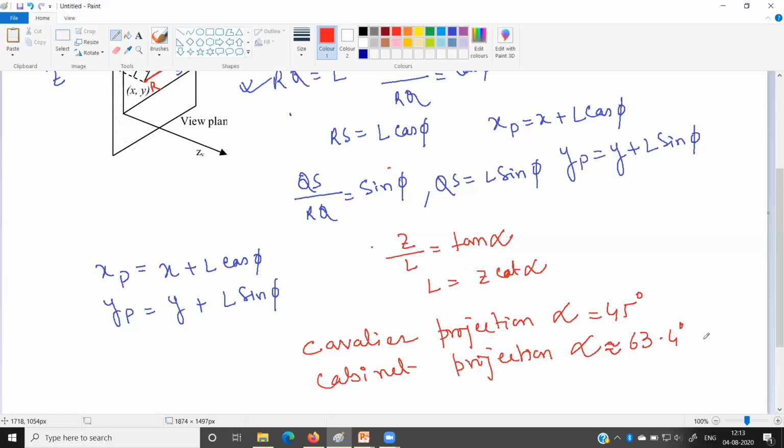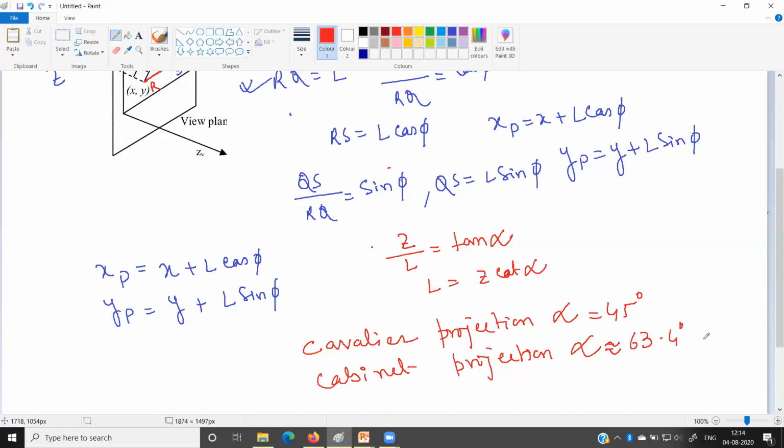So while we project the object using the cabinet projection, you can find that it will be more realistic compared to the cavalier projection, because once you project using the cavalier projection, it creates the projection in such a way that the length in the projected image will be the same as the original image. So it doesn't create any realistic view.